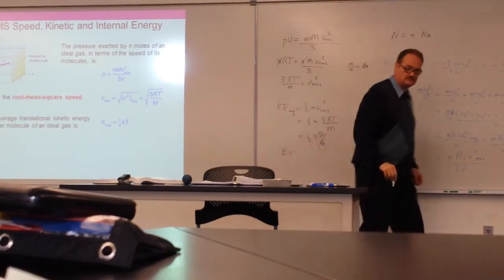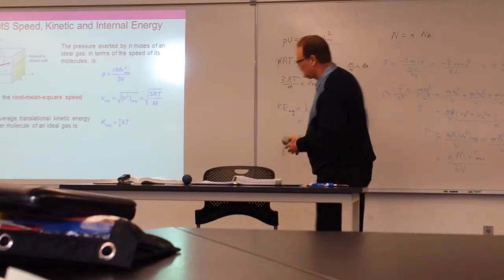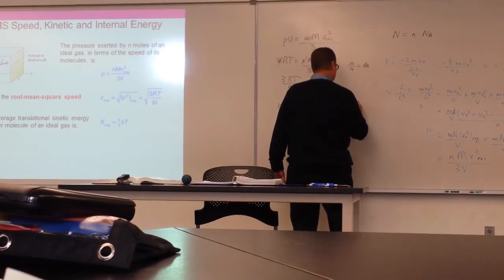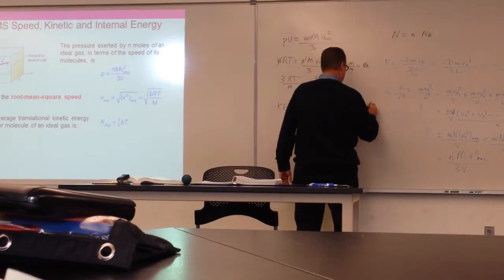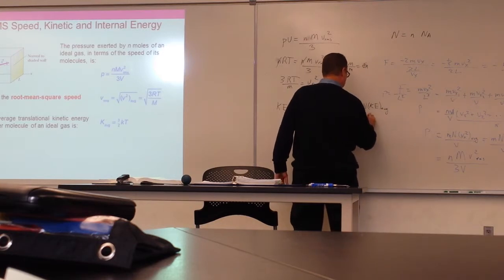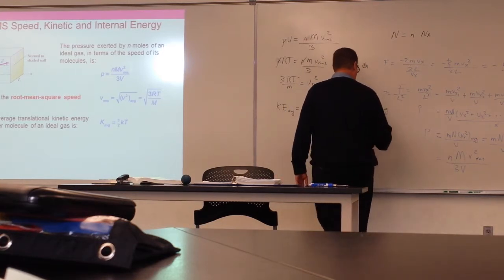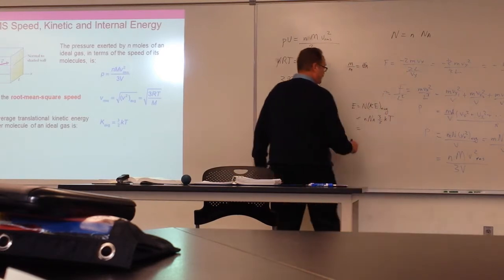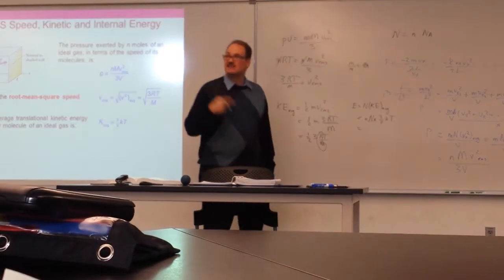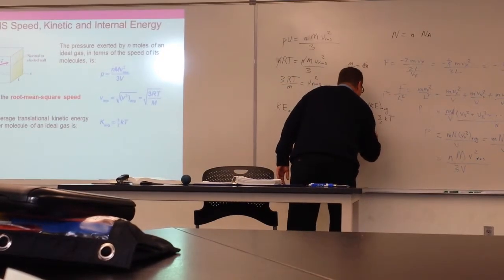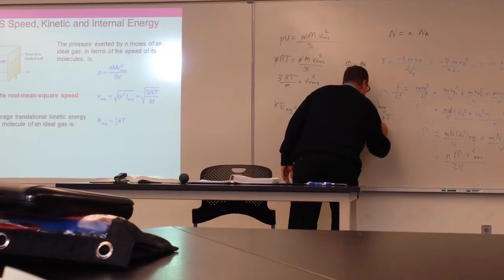So E equals the number of molecules times the average KE, which is n times N_A times 3/2 kT. But N_A times k gets me back to R again, right? So this becomes 3/2 times the number of moles times R times T.